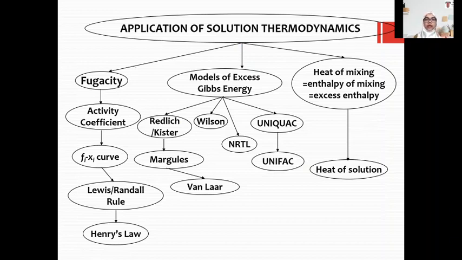Okay, these are the overall applications of solution models. We have learned about the fugacity and the introduction of the activity coefficient in the expression of fugacity, and the Lewis-Randall rule, where the fugacity of the species in an ideal solution equals its mole fraction times the pure species fugacity, and we can compare it with Henry's law.